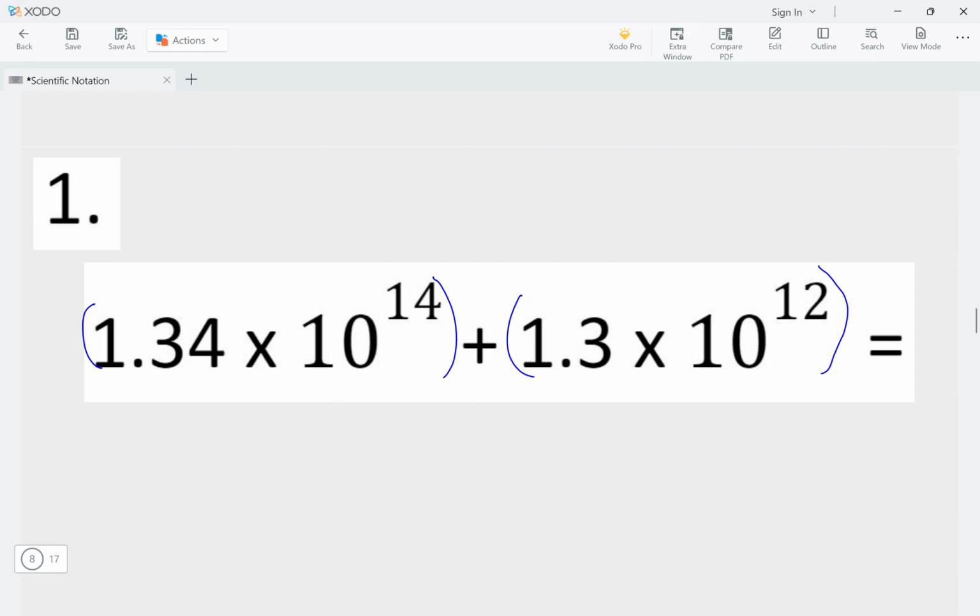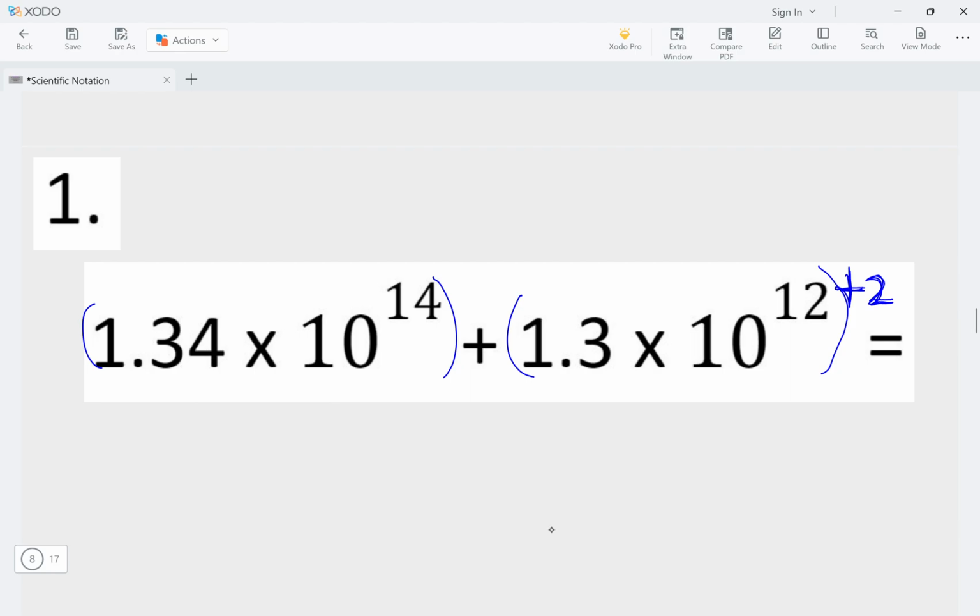So if this is 12 and that's 14, I have to add 2 to my exponent here. And if I'm adding or increasing my exponent, then my decimal is going to move to the left.